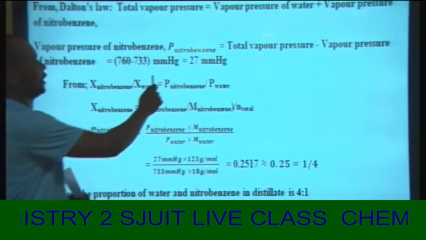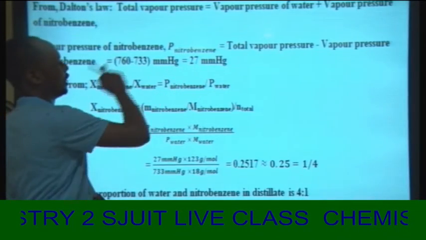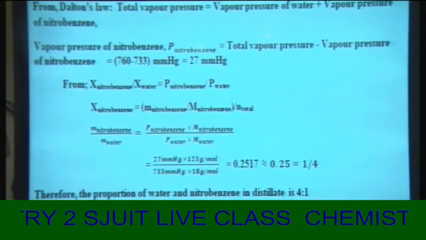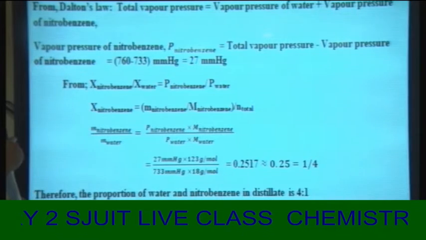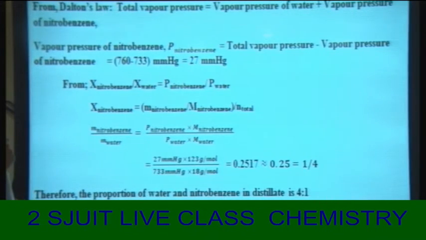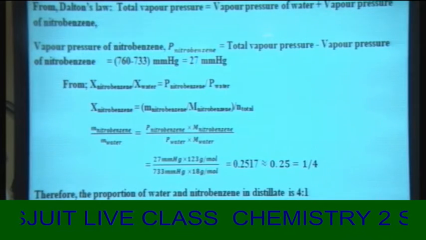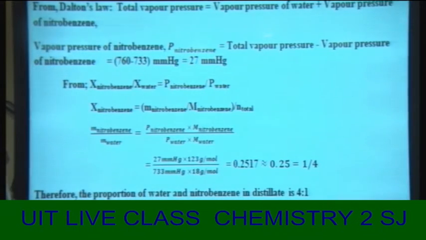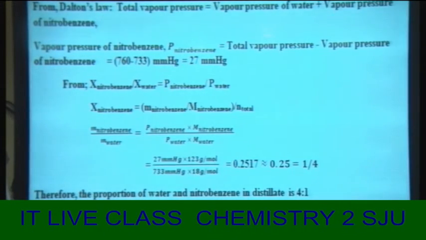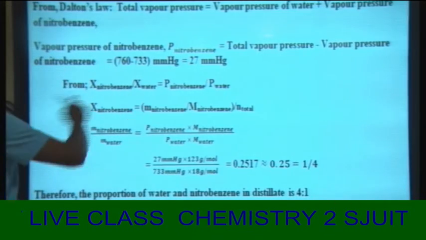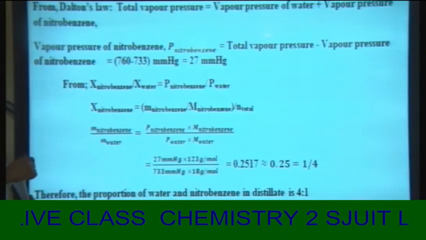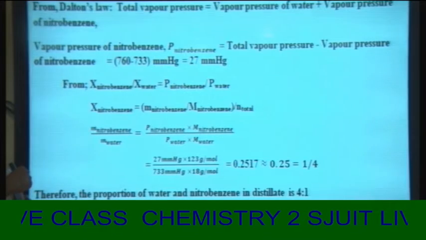So this is the vapor pressure of nitrobenzene. But from Raoult's law, we find an important relationship between partial pressure and mole fraction, and from a mole fraction term we can establish the proportion of each component.